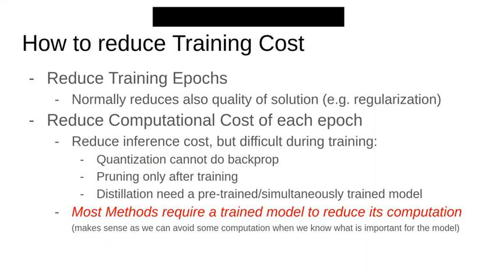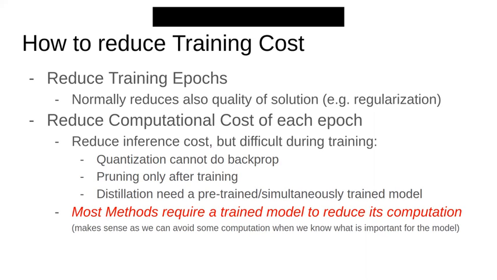But most of the methods that I presented before cannot be used for reducing computational cost during training. For instance, quantization, it's difficult to use quantization during training because with quantized weights, we cannot use backpropagation. For pruning, again, the same thing. We can prune a model once it's trained.